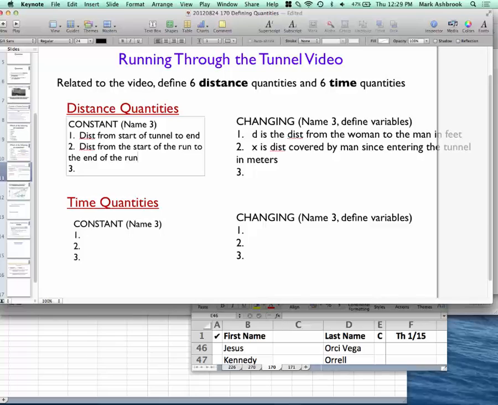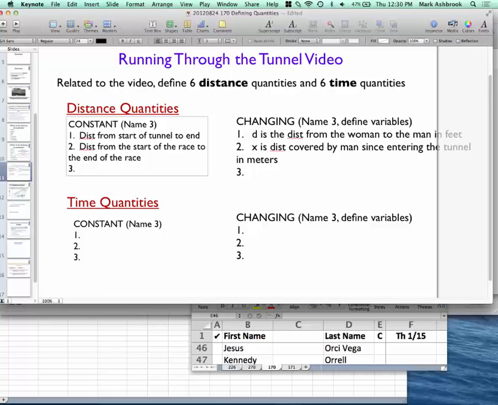Is it specific? I'm not sure if you're talking about the race or the video. Okay, so the actual race. So maybe if we said the start of the race to the end of the race, would that do it for being specific enough? Now I'm very confident of what that is.